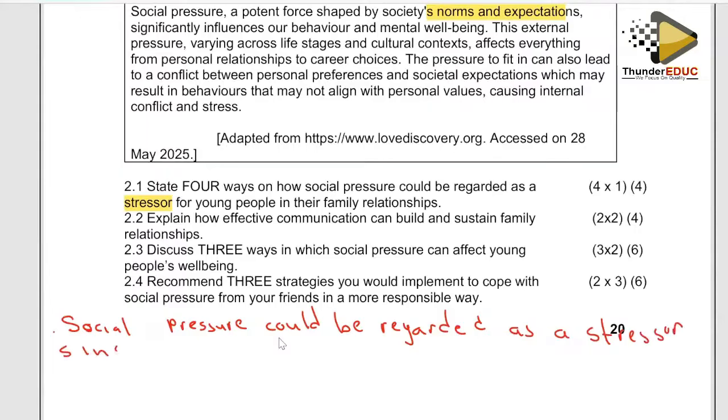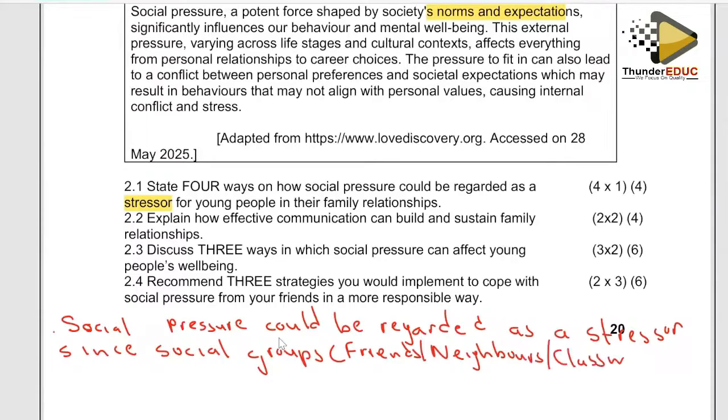since social groups, in brackets, social groups include friends, neighbors, classmates, schoolmates as well.